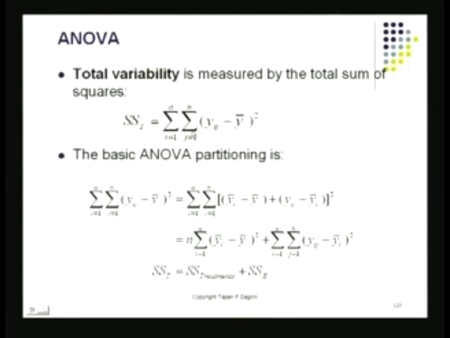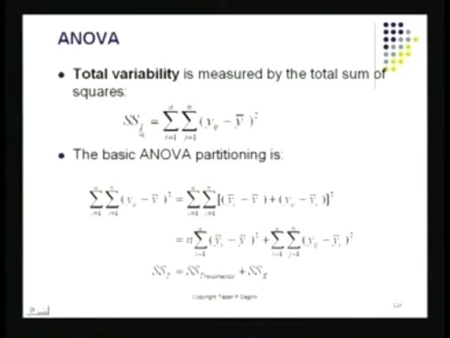First it is done over the replication, then over the treatment levels. I've got yij minus y bar, whole squared. When I sum them up, I end up with my total sum of squares. This is a very important quantity, and this is really the overall variation that exists in the data.